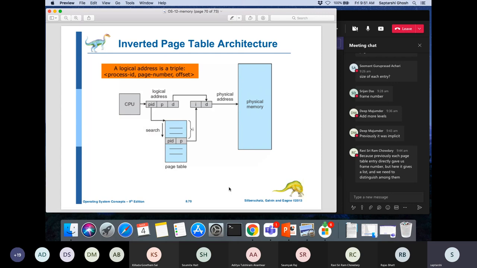So this is now the scheme, and this page table is the inverted page table.